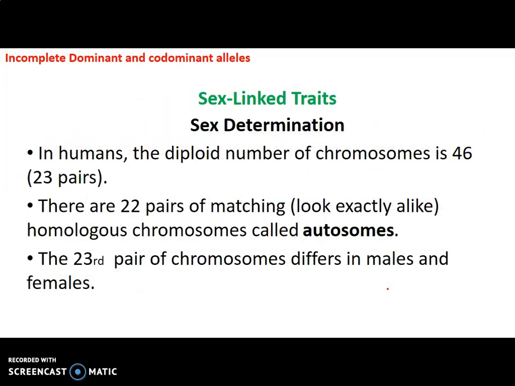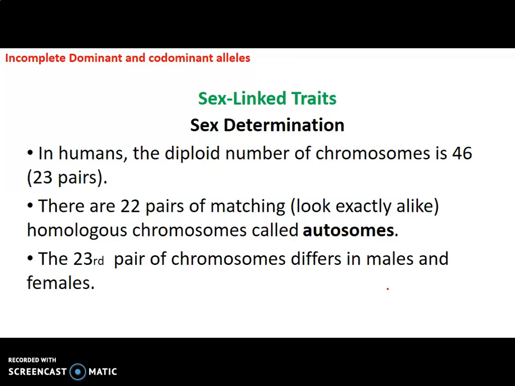Now, sex-linked traits. How is sex determined? Sex determination, as I've always told you, occurs as a result of differentiation in the chromosomes found in human beings. We know that in total we have 46 chromosomes, which are equal to 23 pairs.